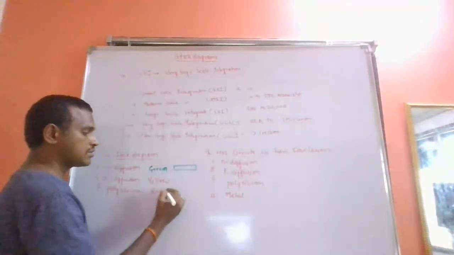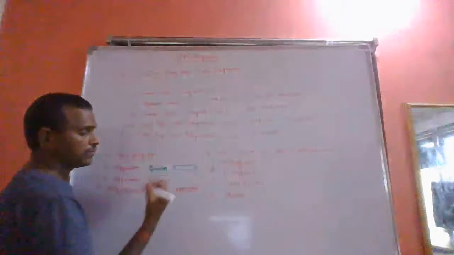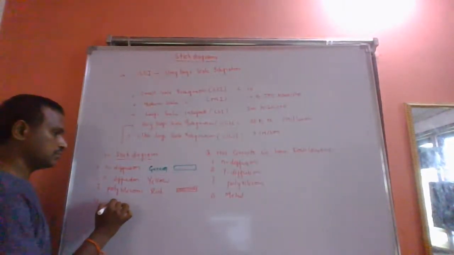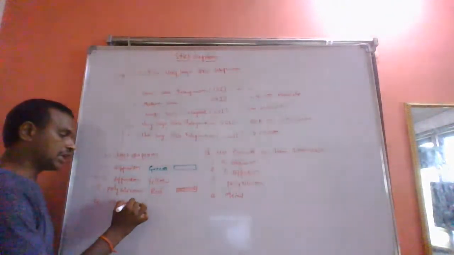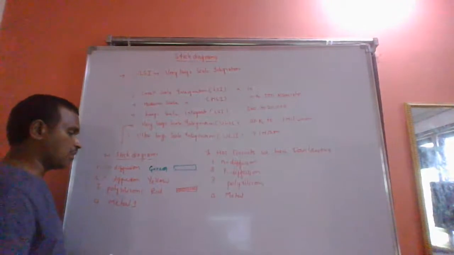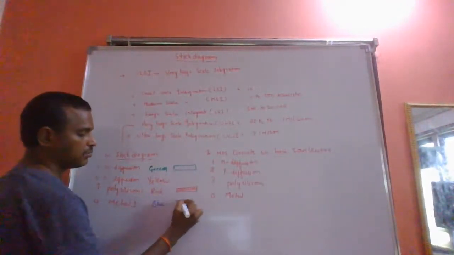The stick will be represented with red. Next one is the metal. We can consider metal 1, and we also have metal 2. Metal 1 will be represented with blue, that is, a blue color stick.